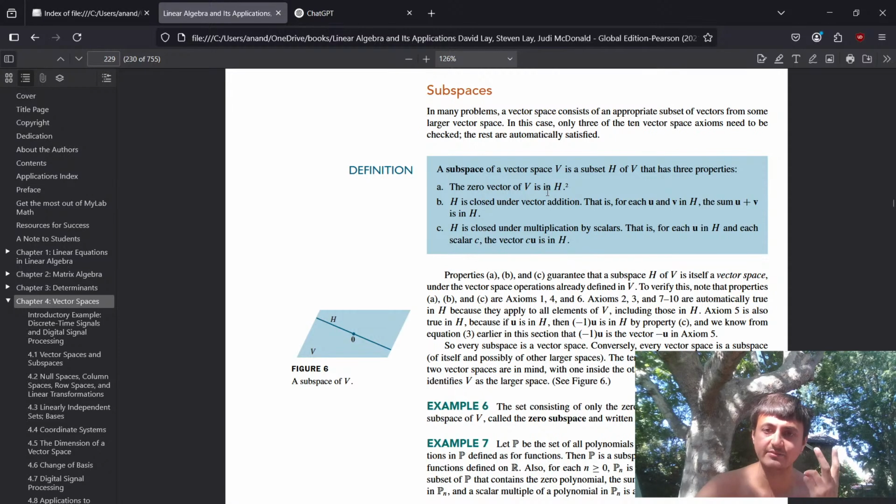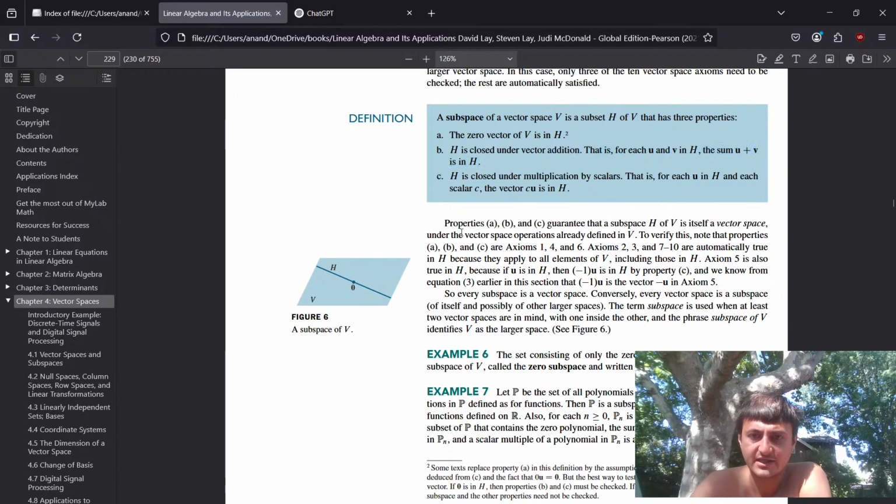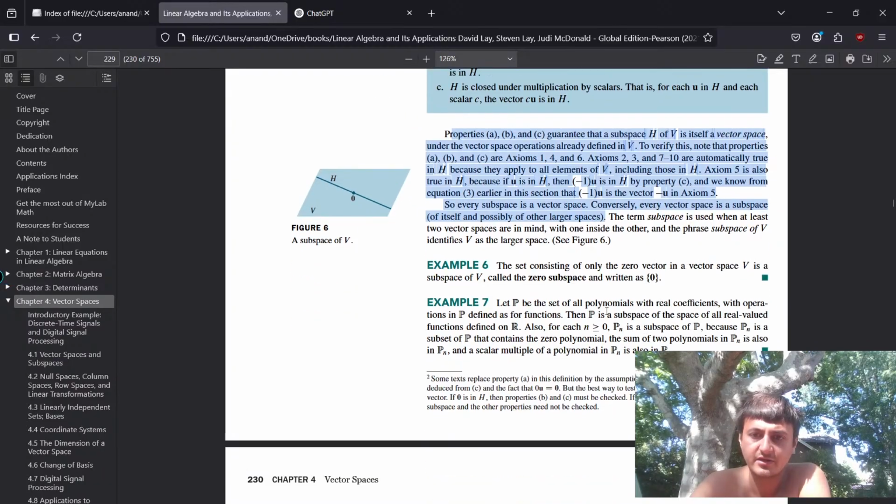It needs to be closed under vector addition, so for any u and v in H, the sum of u and v is also in H. And finally, H is closed under scalar multiplication too. Any vectors that you have in H, you should be able to scale them arbitrarily and stay in H.